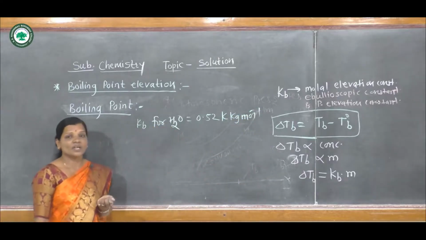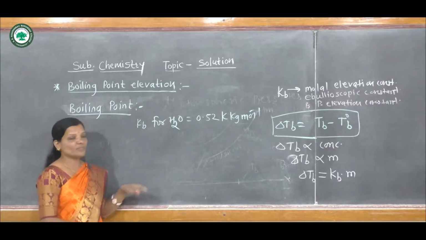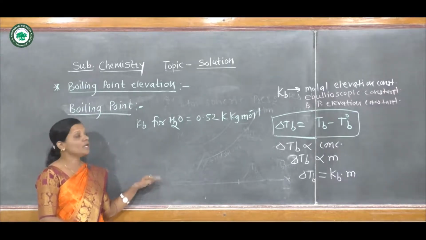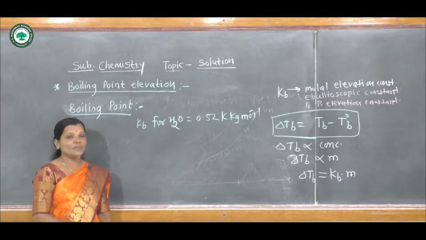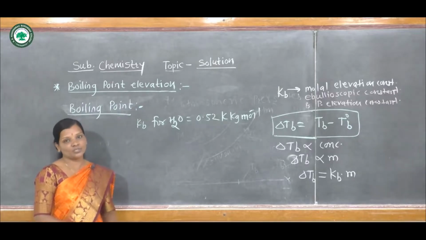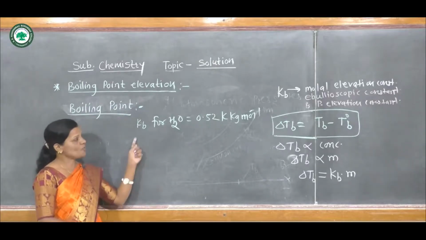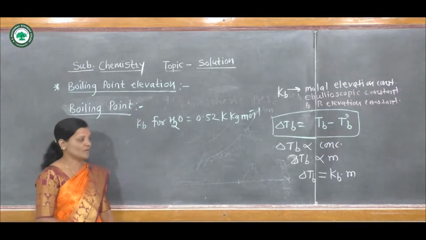This is the ebullioscopic constant for water, 0.52 Kelvin kilogram per mole, because water is the solvent which is mostly used to prepare solutions. So we are concerned with the value of Kb for water solvent.